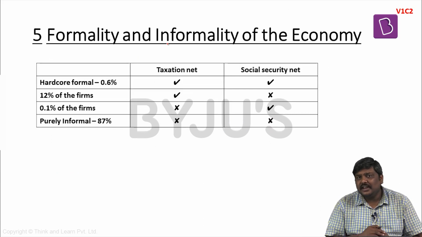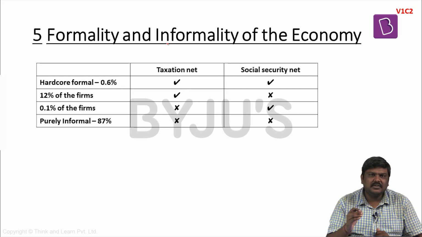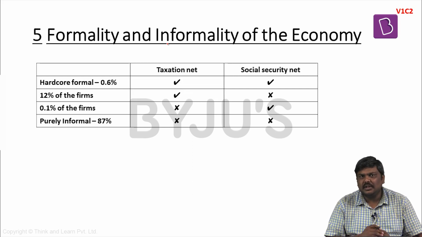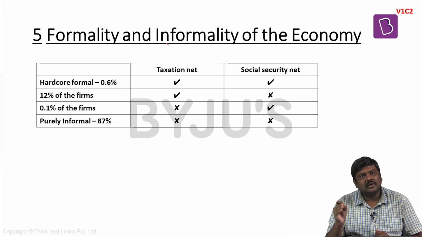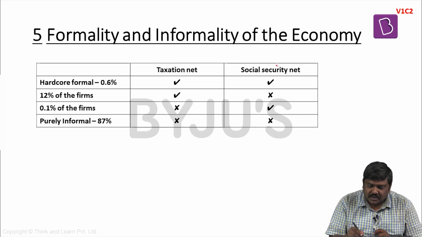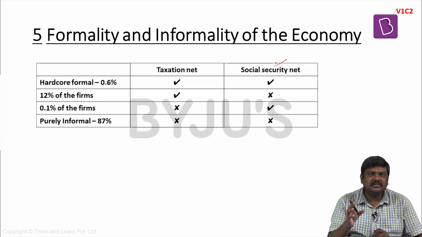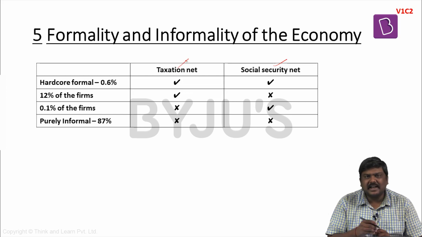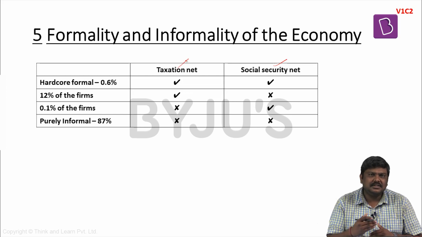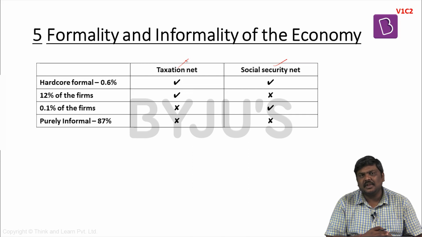The fifth and final area of discussion in this particular chapter is that using GST data we can find out what part of the economy is formal and what part of the economy is informal. Now this chapter, or the economic survey, defines formal companies based on 2 factors: either the employees of the central government, state government or the private sector are provided certain social security net, or else these are the firms or companies which are under the taxation net, that is these are the registered companies under the GST taxation.